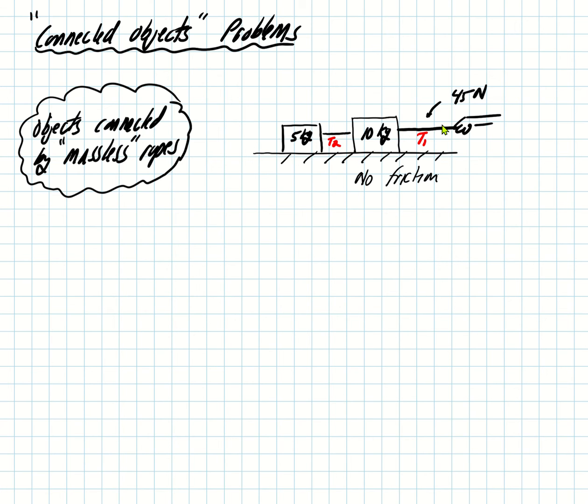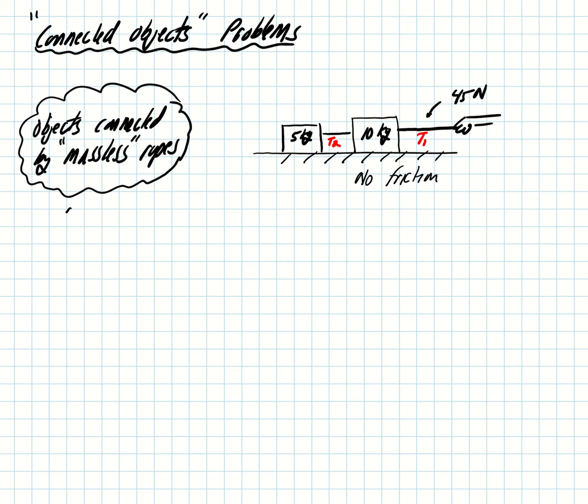You are pulling on the lead rope with 45 newtons of force, and I'm going to call the tension in the rope because of your pull T1. And that's connected to the 10 kilogram object. Then on the other side of the 10 kilogram object is a second massless rope, and it's pulling the 5 kilogram mass along for the ride, and I'm going to call that T2. And the question is, what is T2?